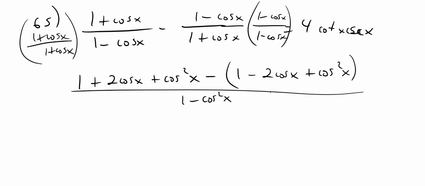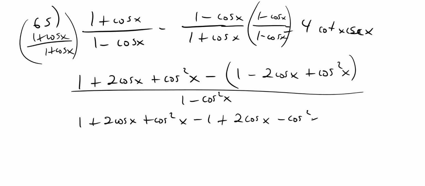So if I distribute that negative, I get 1 plus 2 cosine of x plus cosine squared of x minus 1 plus 2 cosine of x minus cosine squared of x all over 1 minus cosine squared, which is going to be sine squared of x.